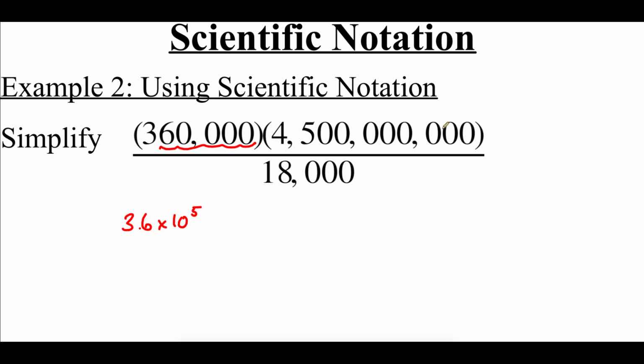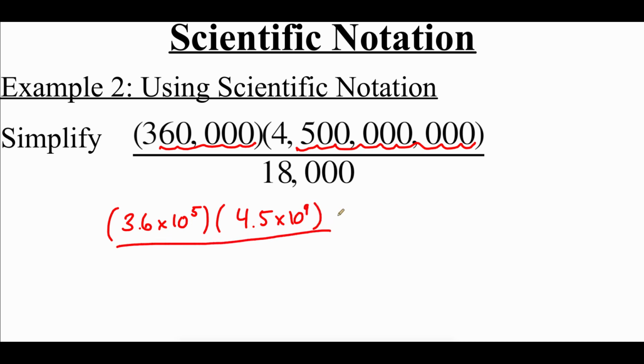If we look at this big long number on the end here, 4,500,000,000, counting up the number of spaces so that we can rewrite that one in scientific notation: 1, 2, 3, 4, 5, 6, 7, 8, 9 spaces. So we can rewrite that as 4.5 times 10 to the 9th.